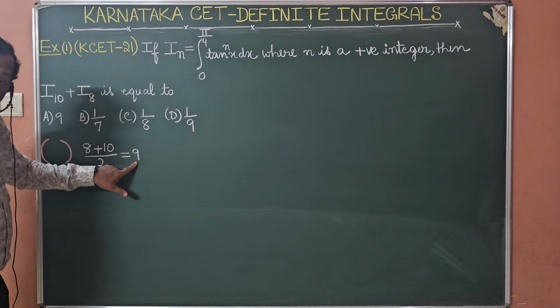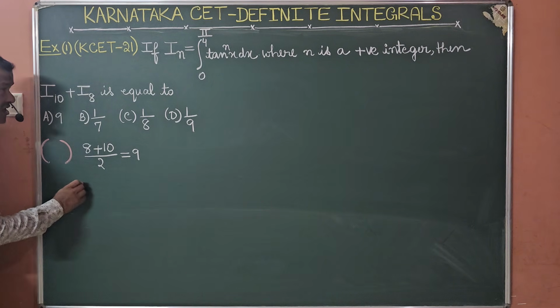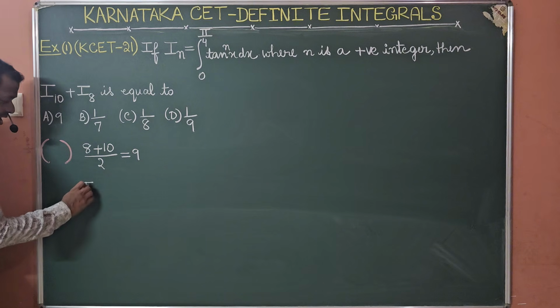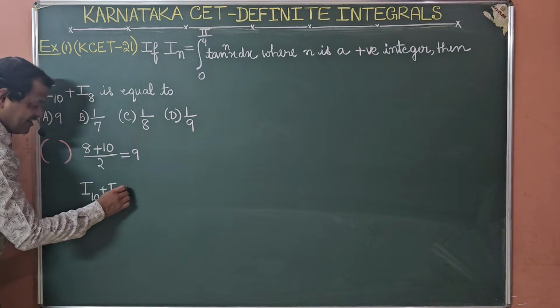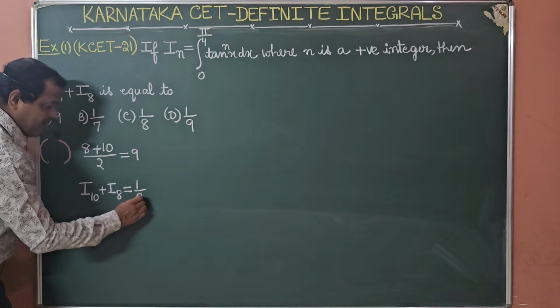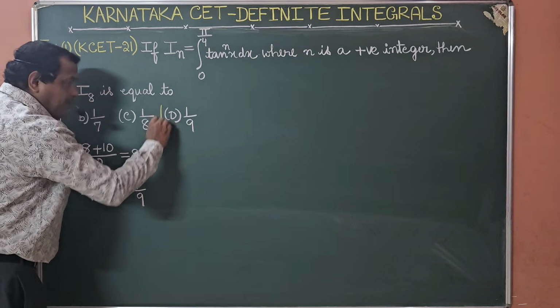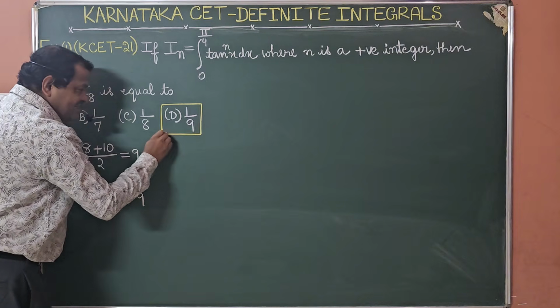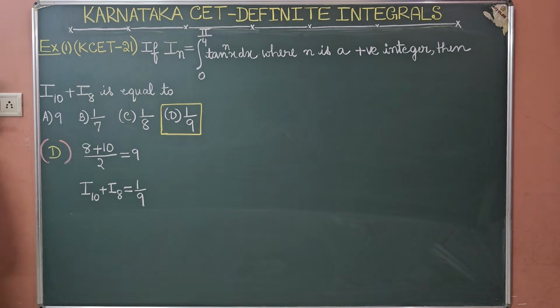Instead, the reciprocal of 9, that is 1 by 9. Therefore, for the given integral I suffix 10 plus I suffix 8, the answer is 1 by 9. That is found in option D. Therefore, for this question, option D is correct.